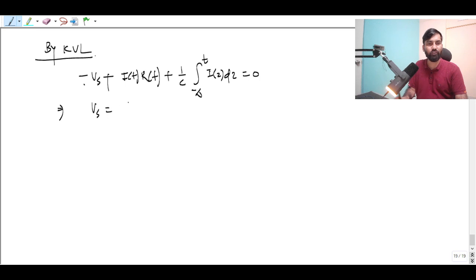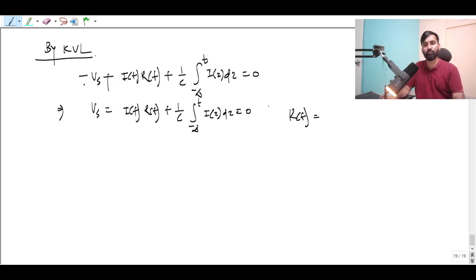So Vs is going to be i(t) times R(t) plus 1 by C integral from minus infinity to t of i(tau) d tau. Now, since R(t) is given, you can simply plug in R(t), whatever is given, that is nothing but R naught.